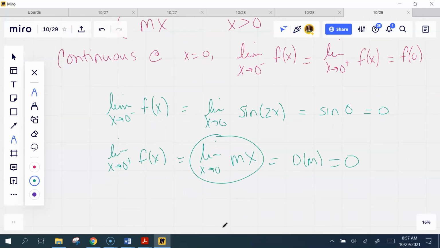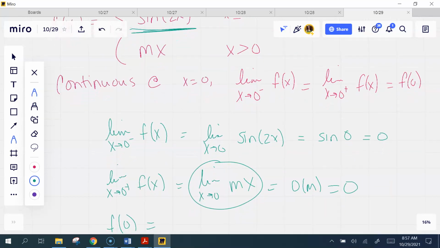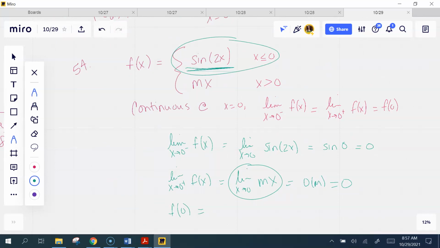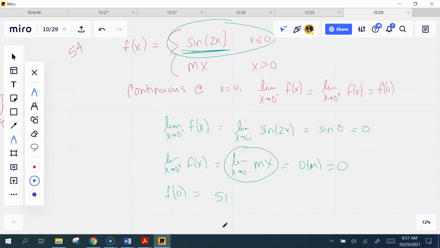So now the question is, is f of 0 equal to 0? Well, which equation corresponds there? The sine 2x, so the sine of 0. We chose which equation matched if I'm plugging in 0, and that's the first one because it's less than or equal to 0.